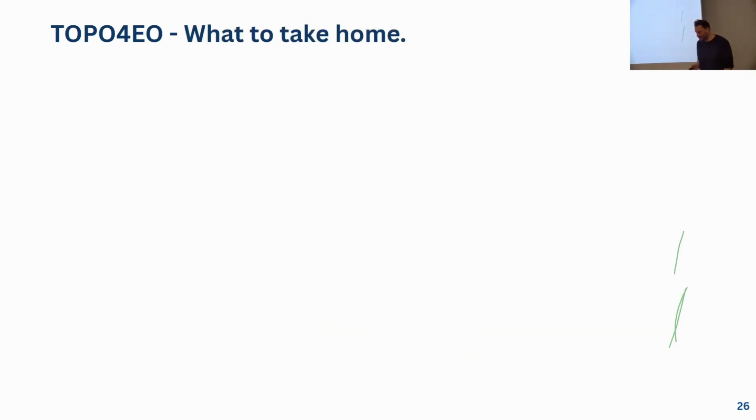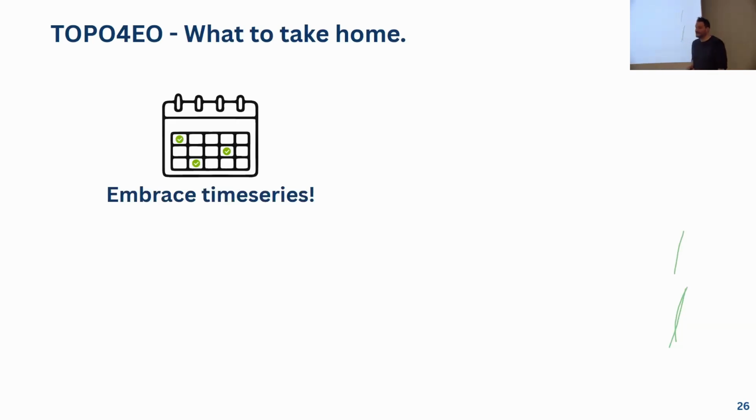So what I want you to take home from today's presentation. The first thing is: embrace time series. What I mean by that is what the BEV is doing: they release multiple versions like 21, 23, 24, the Stichtage, which provide the possibility to really create time series also of the surface and the terrain model.